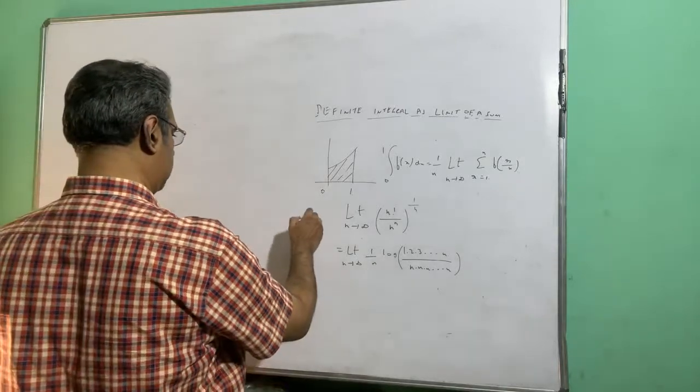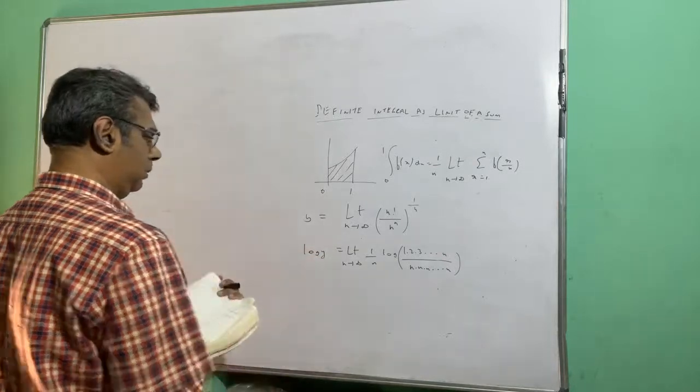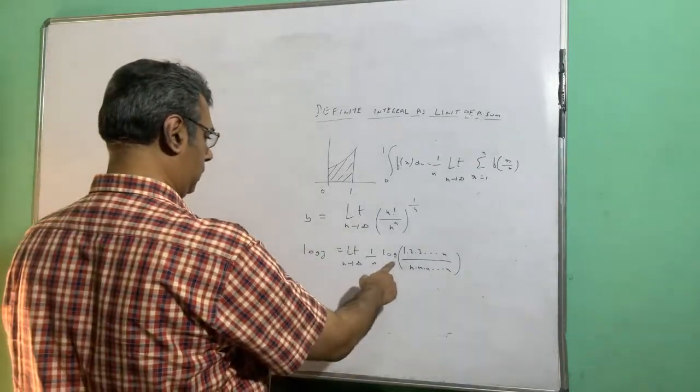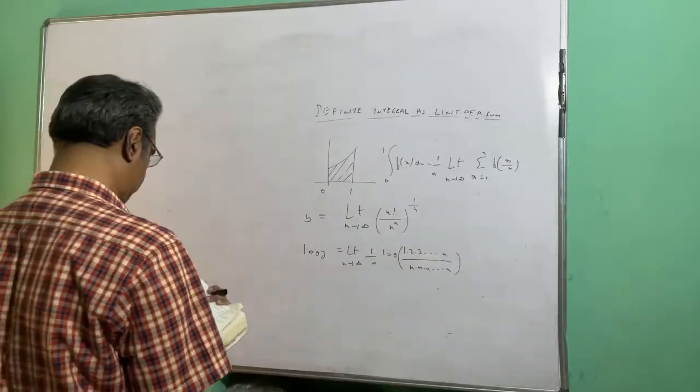I can take this as y, so log y will be 1 by n log 1 2 3 up to n by n to the power n.